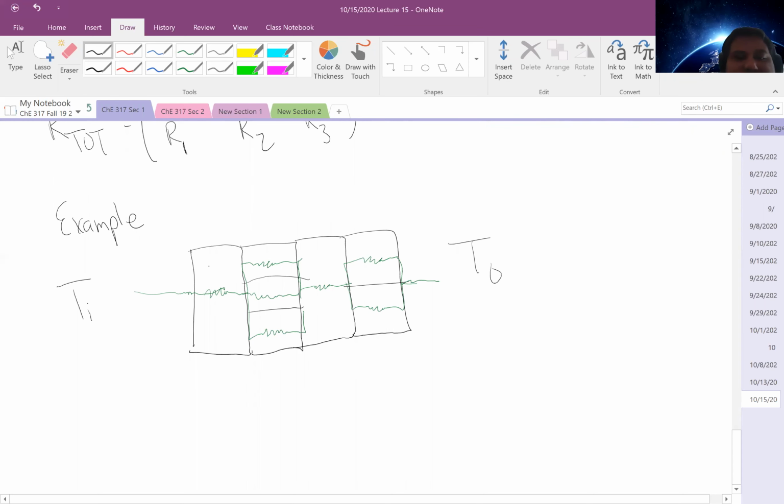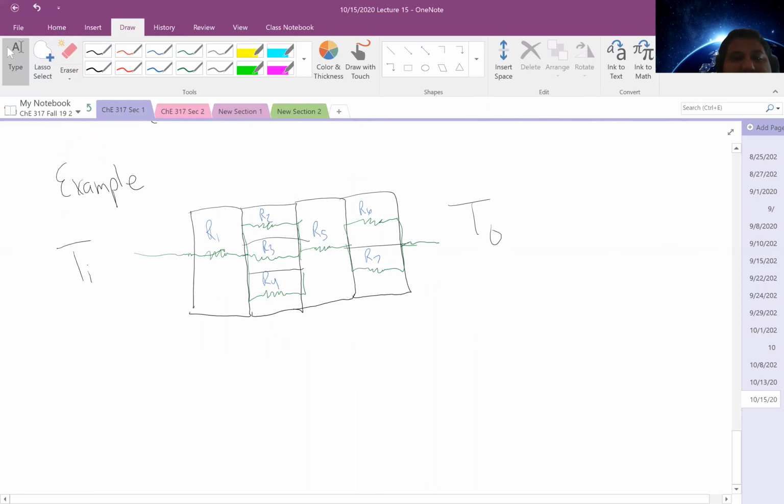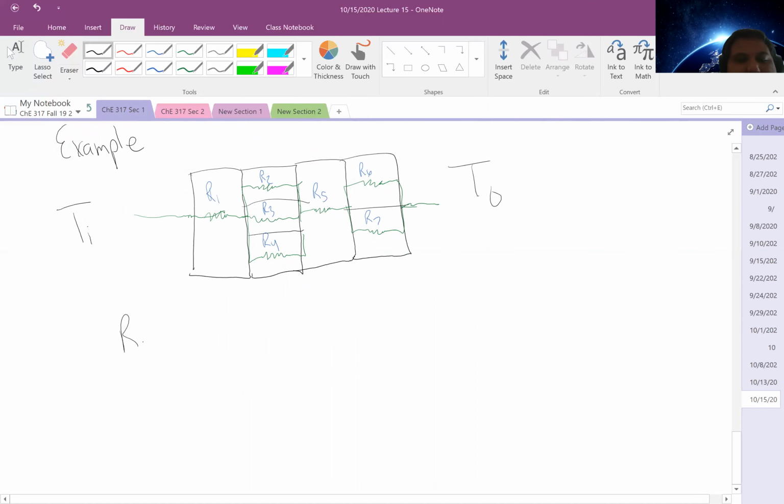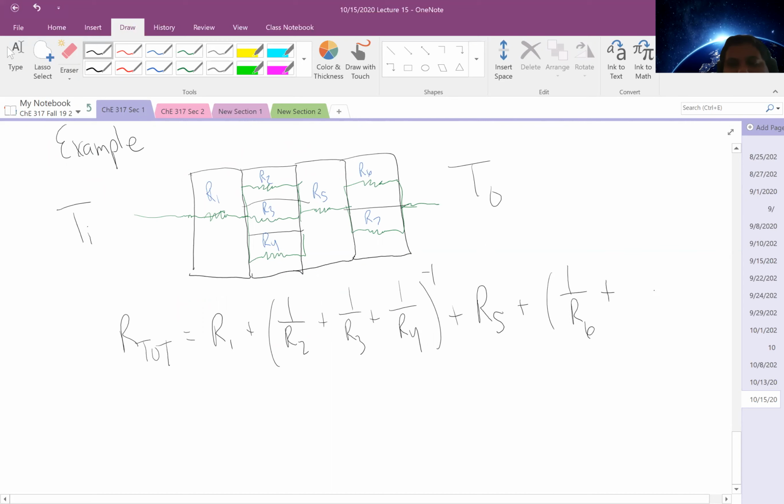And then you can essentially label each resistor, and from that, identify a total resistance. So for this system, it would be R1 plus (1 over R2 plus 1 over R3 plus 1 over R4) to the inverse, plus R5 plus (1 over R6 plus 1 over R7) to the inverse.